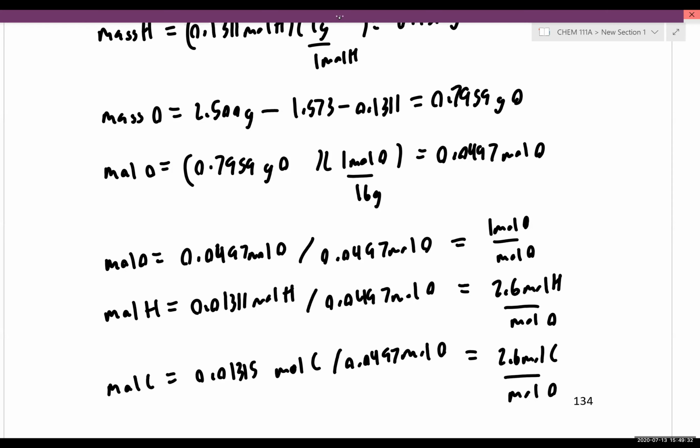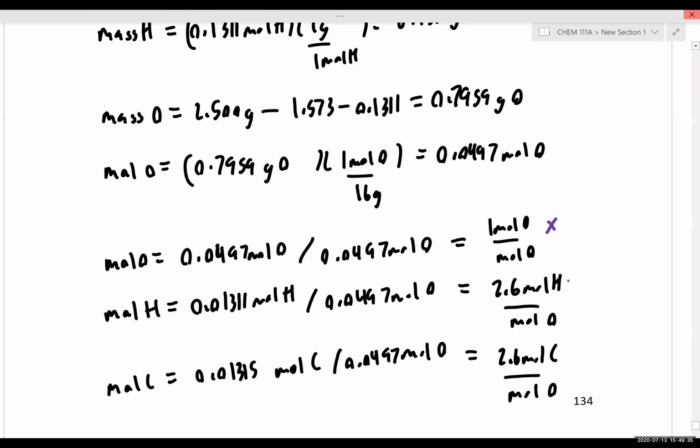Okay, now what whole number coefficient can we guess to convert each of these decimals into whole numbers? What whole number coefficient should we guess? Remember, 0.66 is about 2/3. What times 2.6 would give us a whole number?